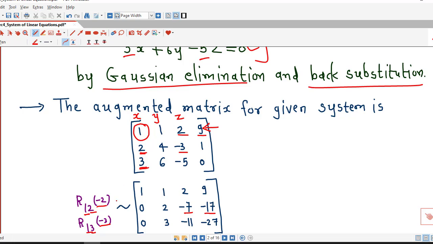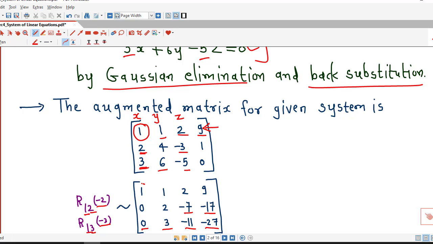Similarly, multiplying the first row by minus 3, that is minus 3 plus 3, 0, minus 3 plus 6, which is 3, 2 into minus 3, which is minus 6, and minus 5, which is minus 11, 9 into minus 3, minus 27.